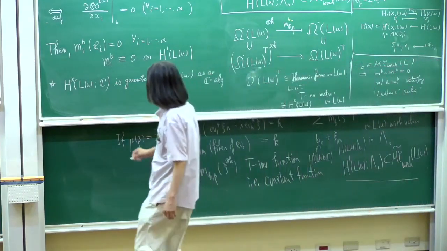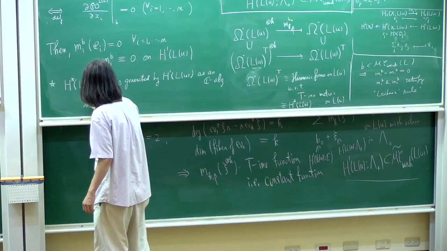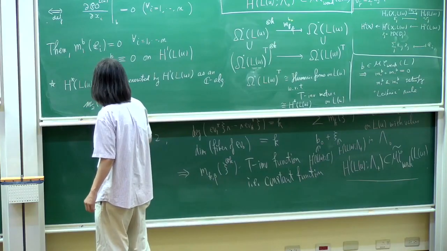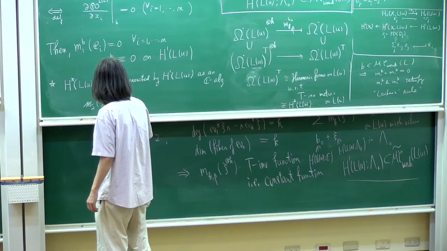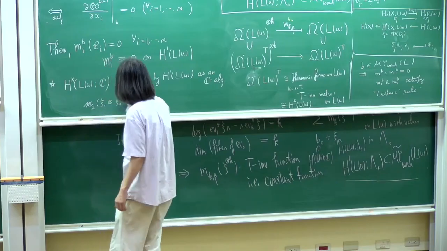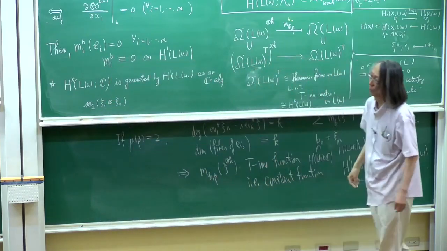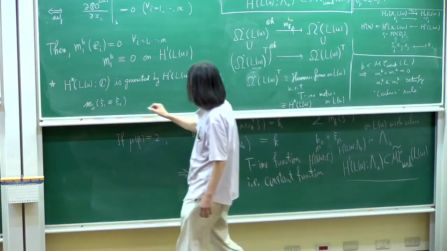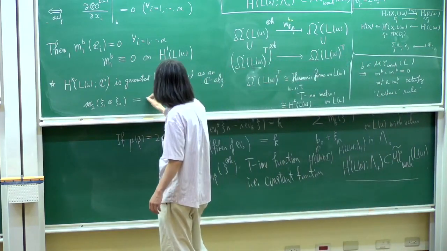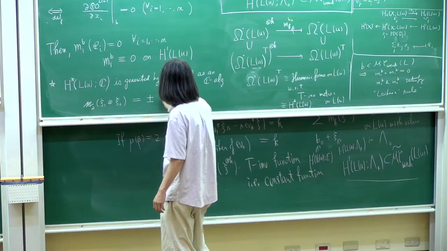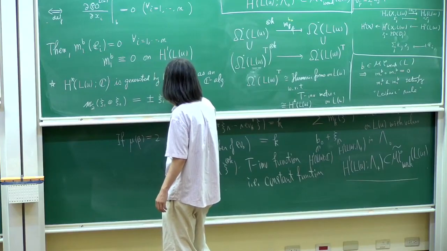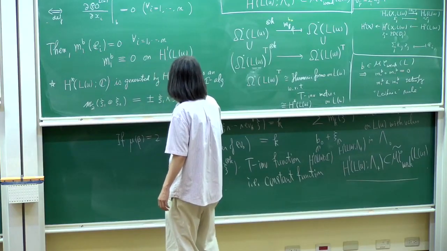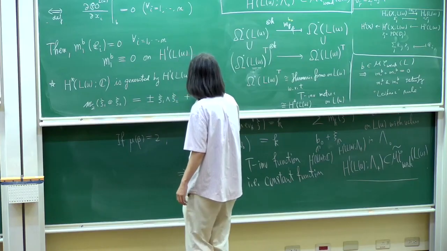And so if you consider this m_2 of c_1 tensor c_2, then I need some sign here, but this one is c_1 with c_2 plus higher order terms.